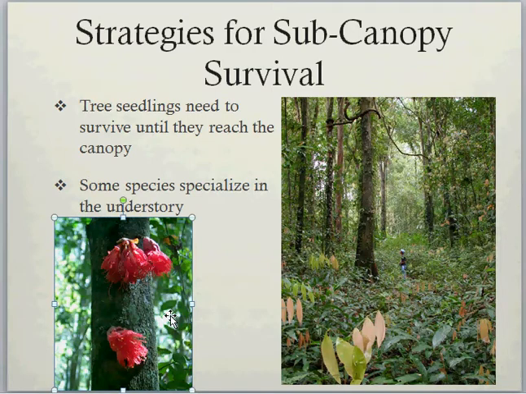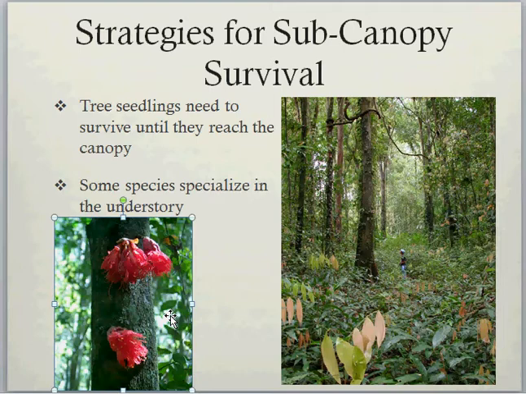So it doesn't attempt to get itself up into the canopy of the forest. Instead, it has resigned itself that it's never going to get tall enough, and it is what is known as an understory tree.